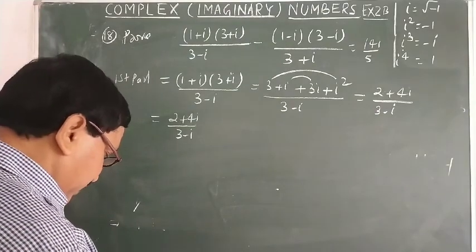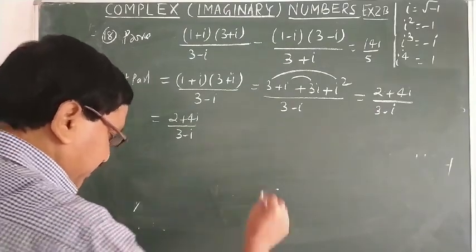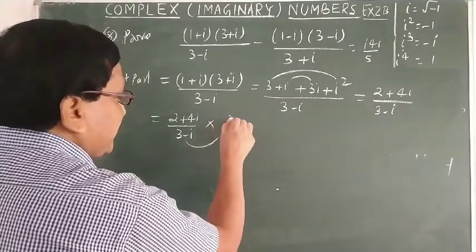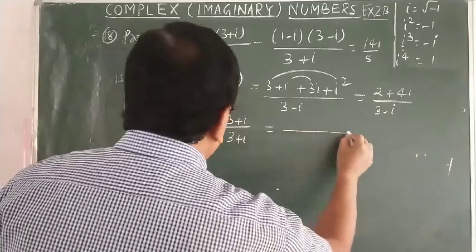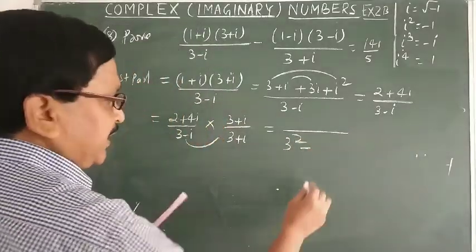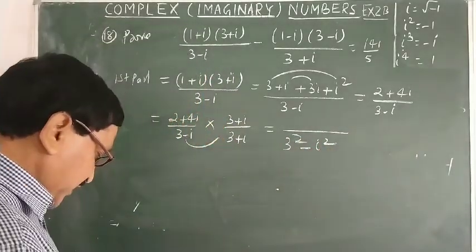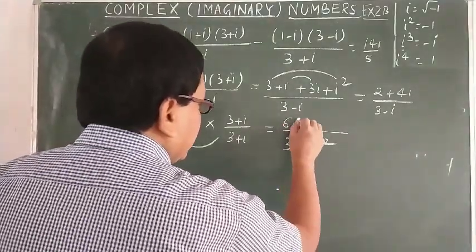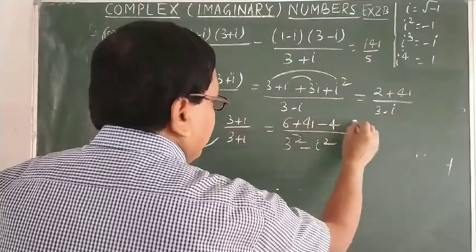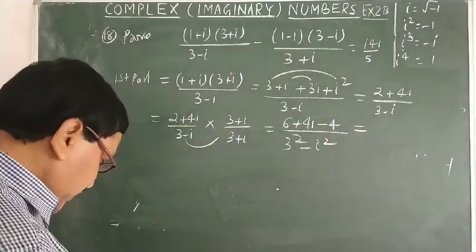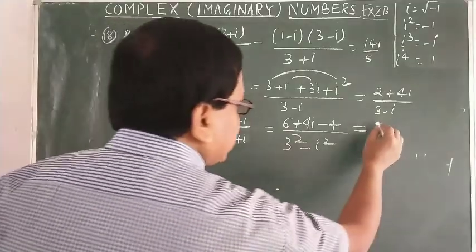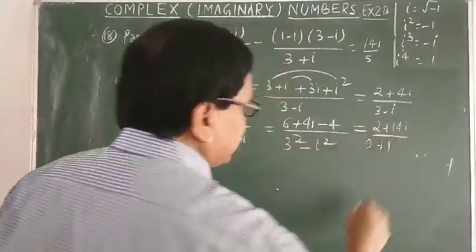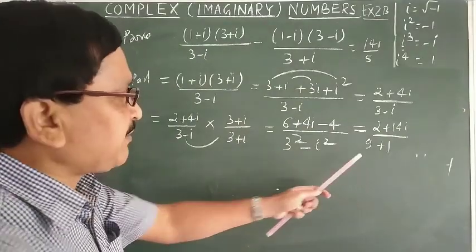2 + 4i by 3 - i into 3 + i by 3 + i. So now when multiplied we get 3 square minus i square in the denominator, and the numerator will be 6 + 14i - 4. So this is 2 + 14i by 9 + 1, since i square is equal to minus 1, so it becomes plus.